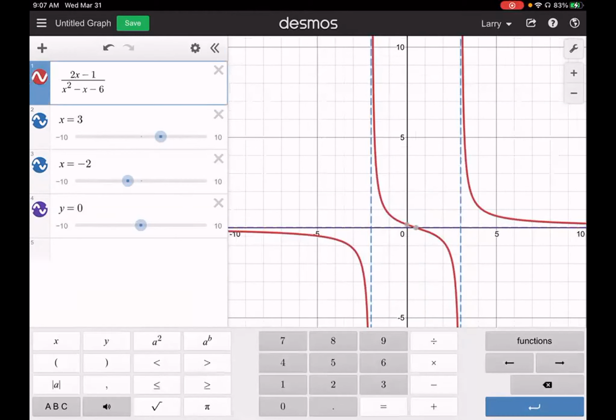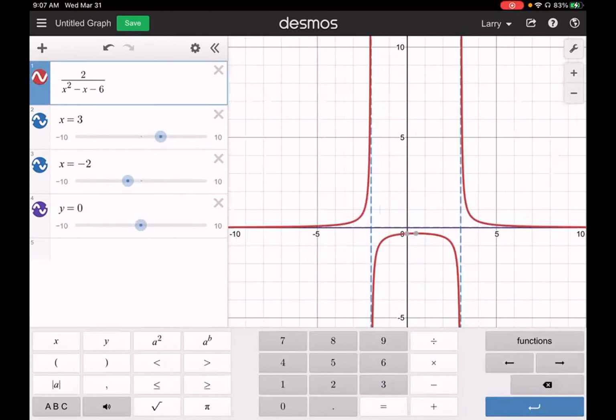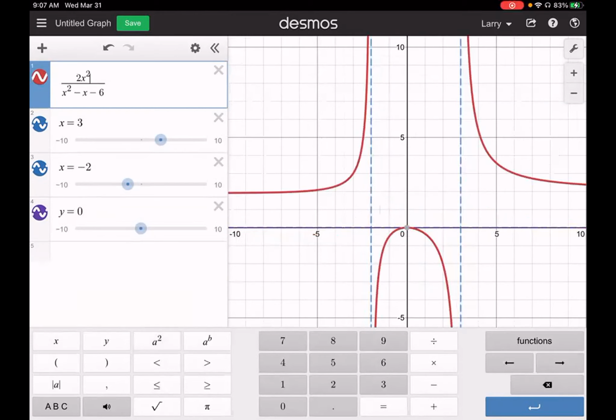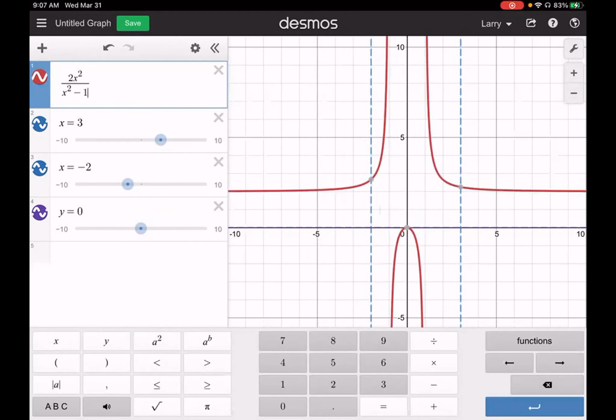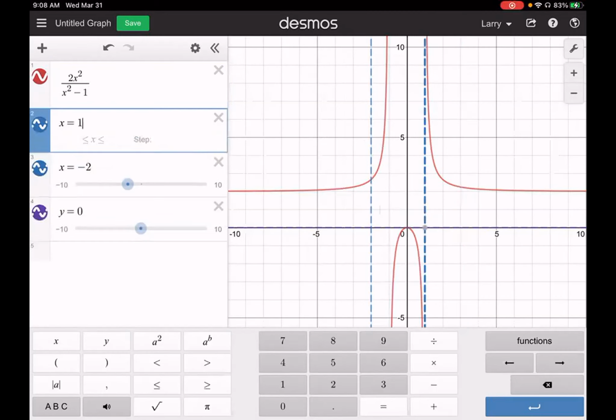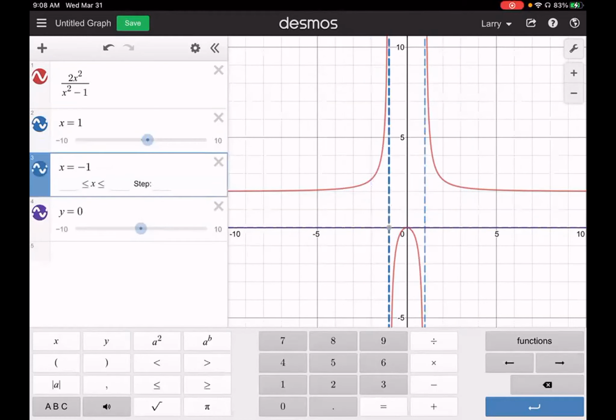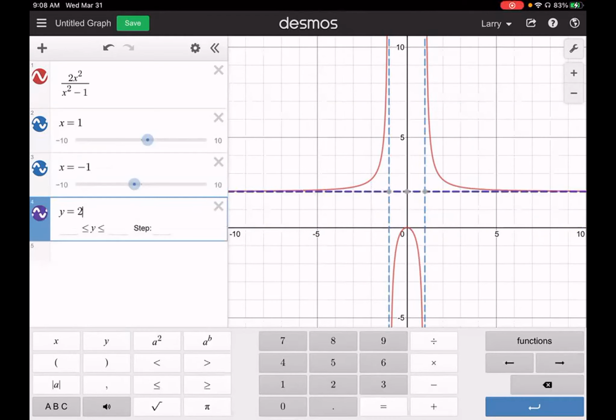Now my next function was 2x squared over x squared minus 1. All my asymptotes look off right now based off the old problem. I had said it was a positive 1. Okay, that looks like it lines up. A negative 1. And then we had done that as 2x squared over x squared, and the x squareds canceled, so that just left us with 2.